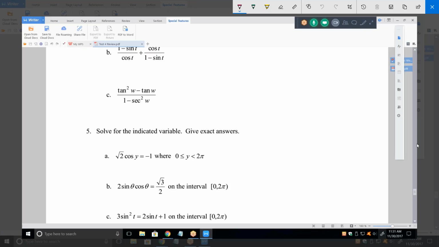Tell me the Pythagorean identity for tangent squared. What is it? 1 minus secant squared. Give it to me in the normal way. That's the identity. That's the only thing I want you to memorize.